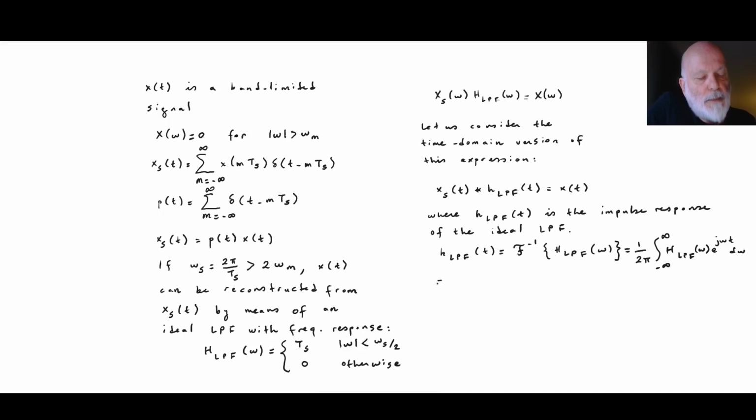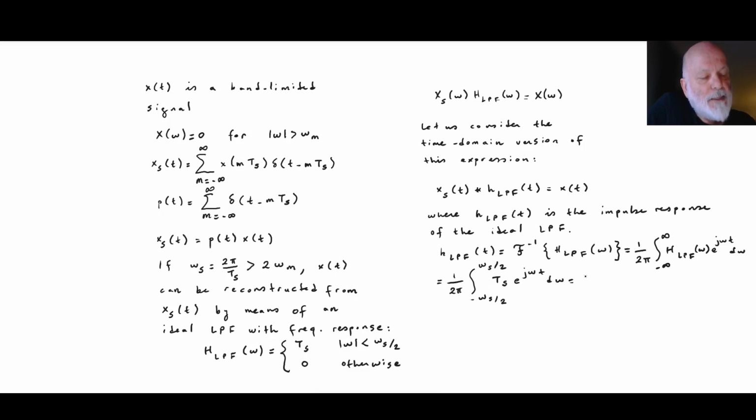So this turns out to be 1 over 2 pi, from minus omega s over 2 to omega s over 2, of Ts, it's equal to the constant Ts in that interval, e to j omega t integrated with respect to omega.